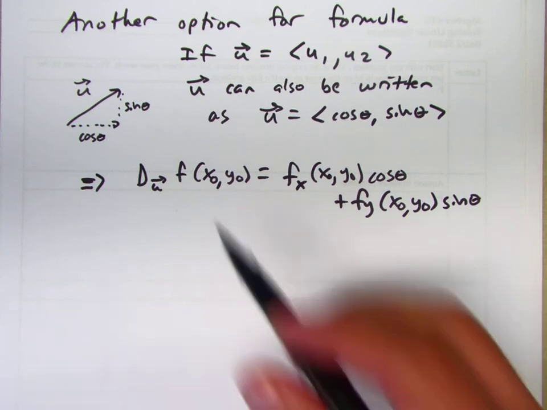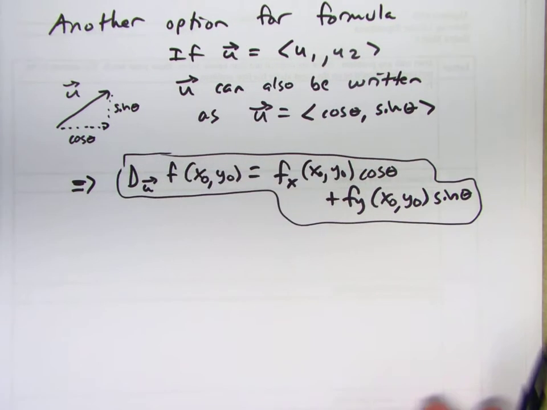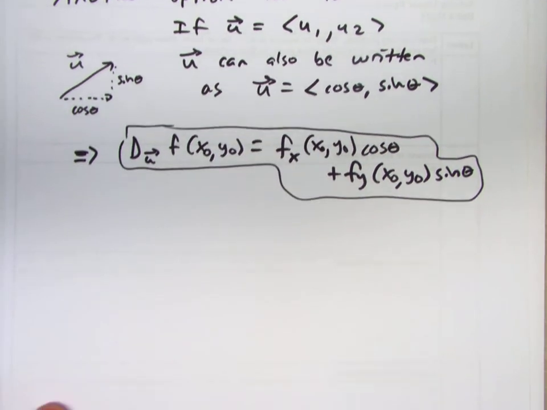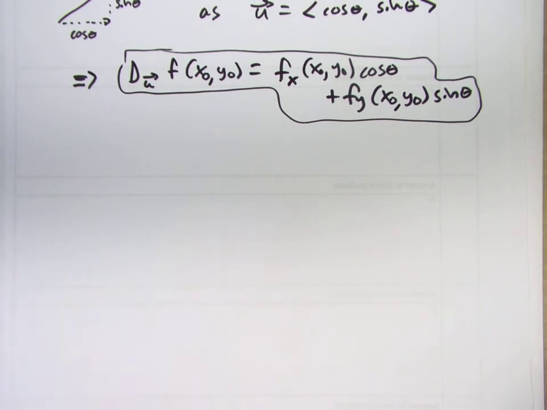Okay, so another formula. Depending on what's given to you, that's pretty much what dictates which one to use. All right, so we'll go through a couple of quick examples here.